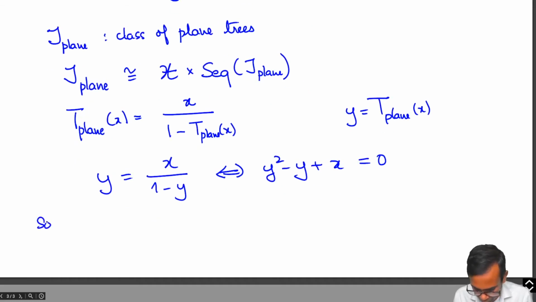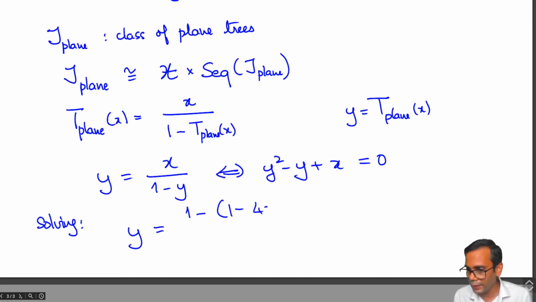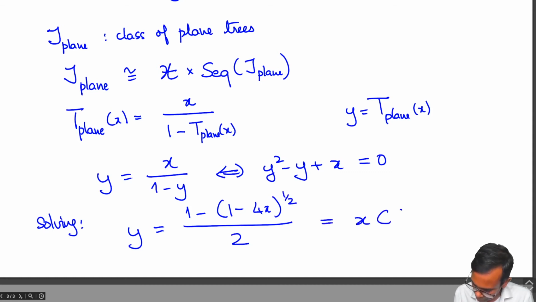And so solving using the quadratic formula, you get y is equal to 1 minus the square root of 1 minus 4x, divided by 2, which is x times the Catalan generating function. There we had divided by 2x, and here we just have divided by 2.